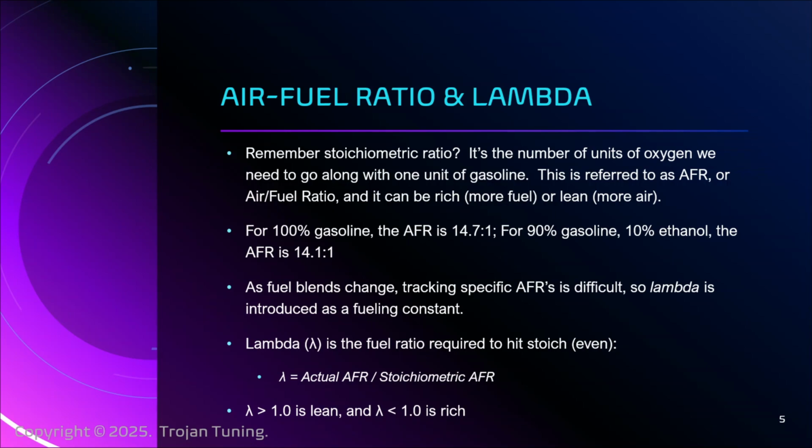If I want to go richer than that for various reasons, let's say I want to go to a wide open throttle AFR of 12.5, which is typical for a naturally aspirated engine, then my lambda would be 12.5 divided by 14.1, which of course is less than 1. That's how I know that my fueling ratio is rich.